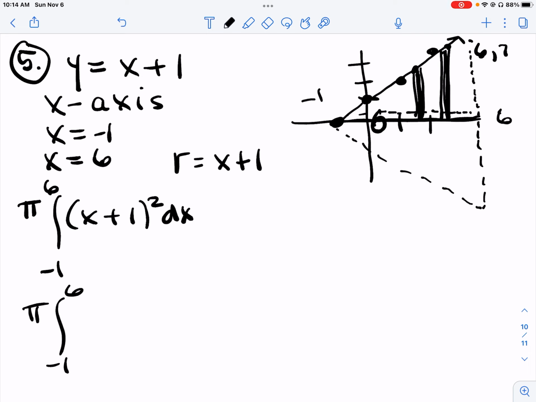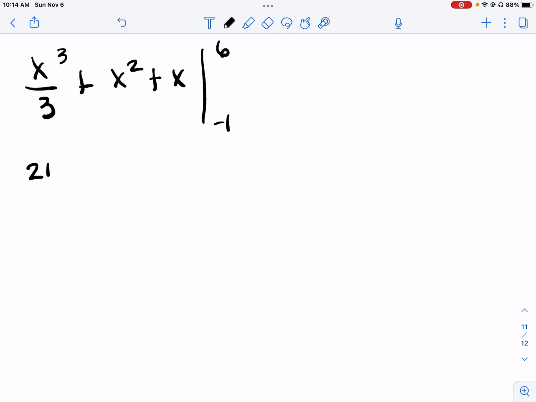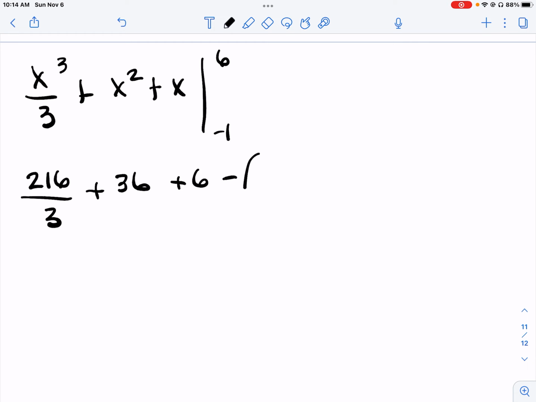Square that out, FOIL that out, we'd get x squared plus 2x plus 1, which is x to the 3rd over 3 plus x squared plus x from -1 to 6. Plug in 6. 6 cubed is 216. 6 squared is 36. Plus 6 minus.